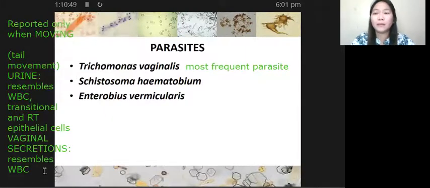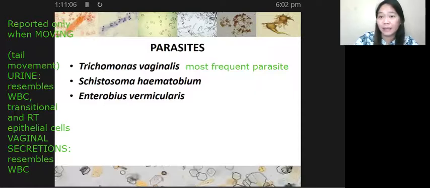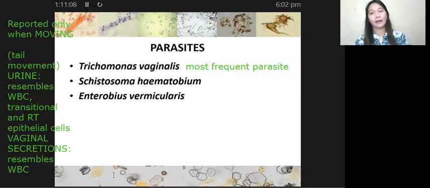Ma'am, bakit WBC lang sa vaginal secretion? May transitional ba doon? Wala. Ang transitional galing lang yan sa urinary system. May RTE cell ba sa vaginal secretion? Wala. Ang RTE cell galing lang yan sa kidneys. Nakuha? So, we have your Trichomonas vaginalis, most frequently seen parasite, reported only when it is moving.